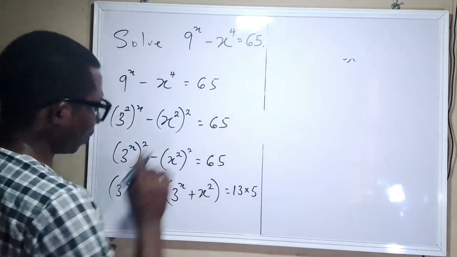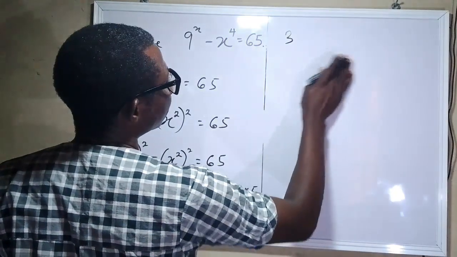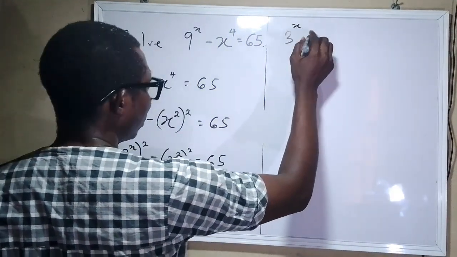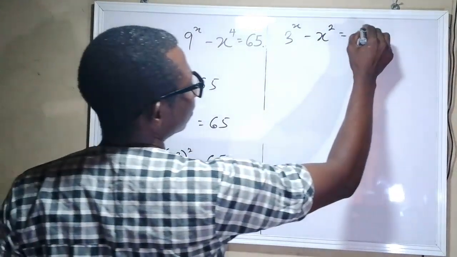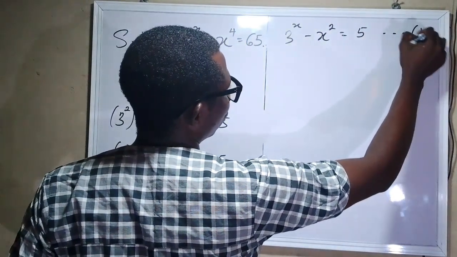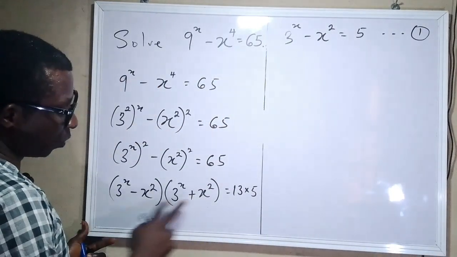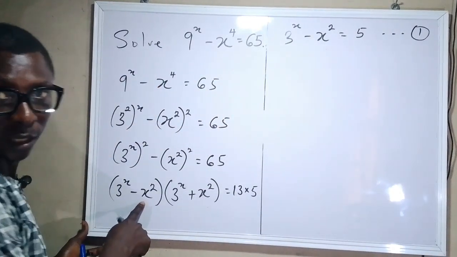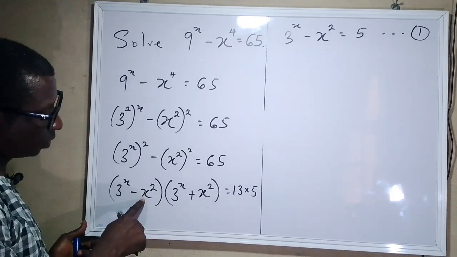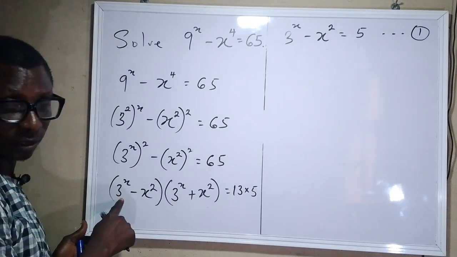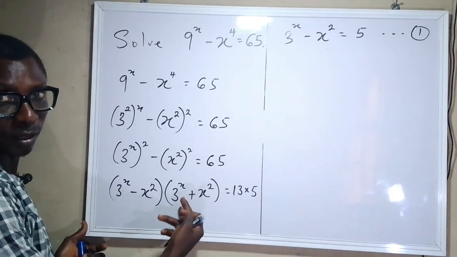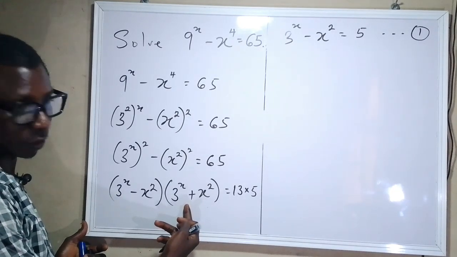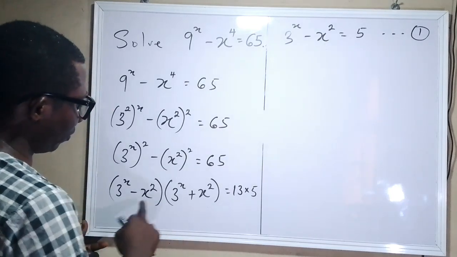The first one is 3 raised to the power of x minus x raised to the power of 2 equals 5. That is equation 1. It's going to be equal to 5 because this is going to be a positive number, so when you remove a positive number from this, it must be smaller than when you are adding a positive number to another number.